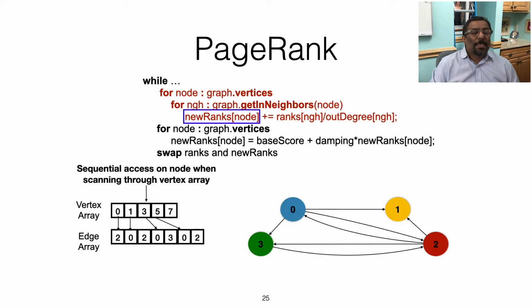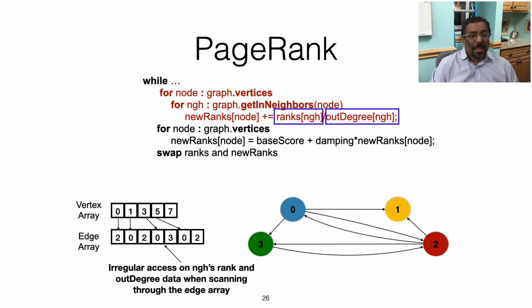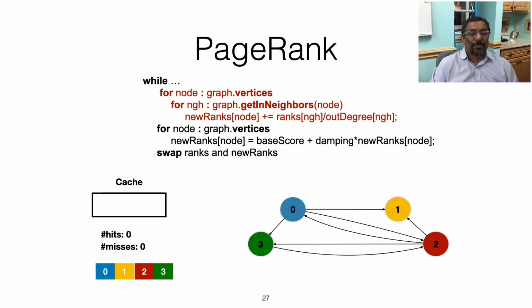If you look at this access, new rank, it will go linearly through this vertex array. Modern computers are very good at prefetching, getting the right cache lines, and getting good performance. So this is not a big deal. However, these other two accesses are the problematic cases because they are accessing all around memory with no locality present. So they are the ones that we need to worry about.